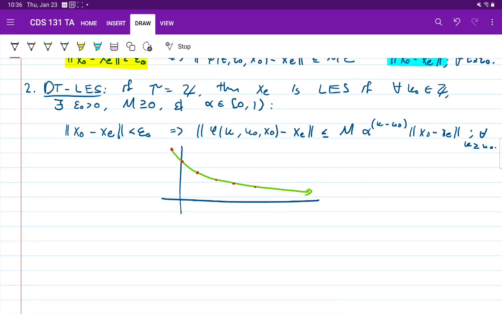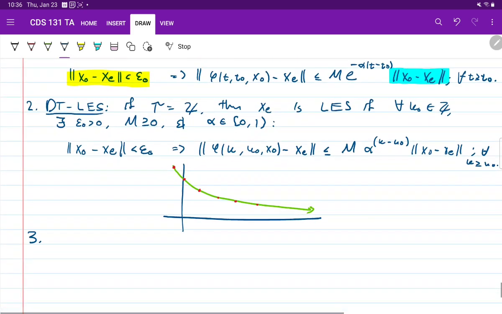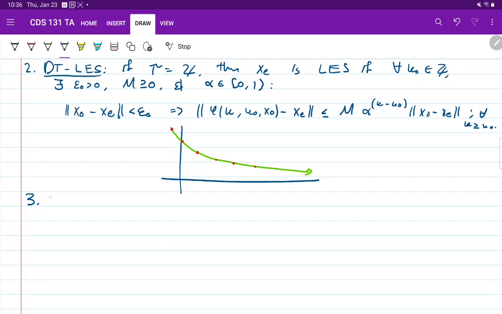Okay, so now we can go ahead and make these definitions global. I won't state the full definition because I'm sure you can imagine where I'm going with this. This is continuous time global exponential stability, and it is the same as the continuous time local exponential stability, but without the epsilon naught condition.